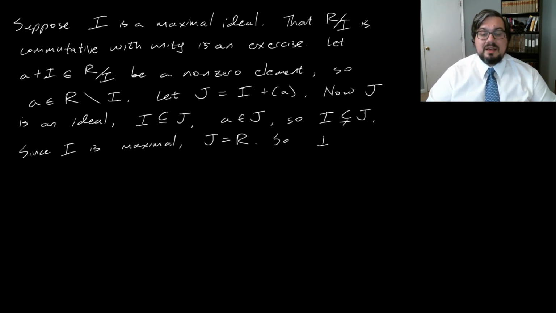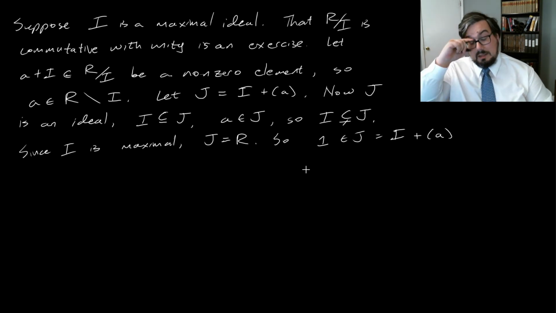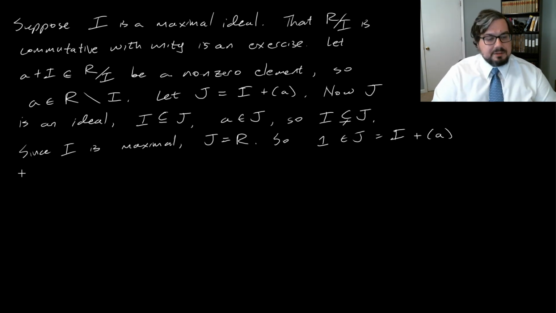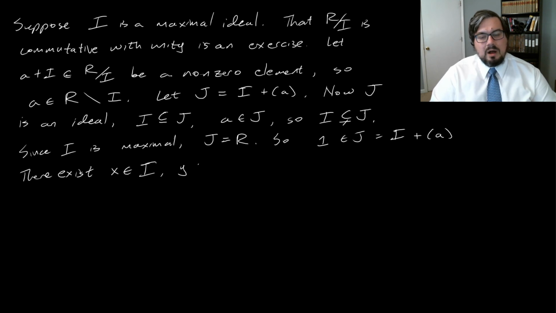So in particular, that means that the element 1 has to belong to J, which remember is equal to I plus the ideal generated by A. That means there exist an element X inside I and an element Y in the ideal generated by A such that 1 is equal to X plus Y.